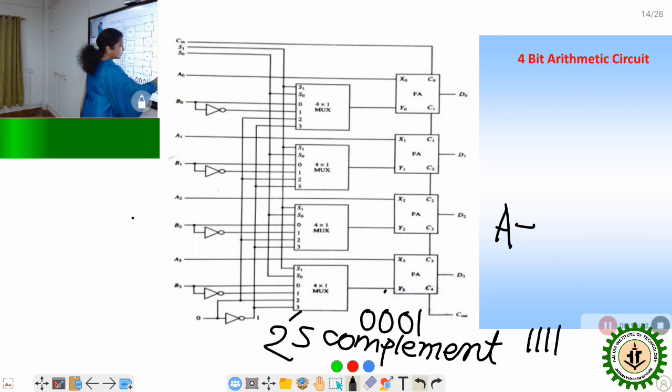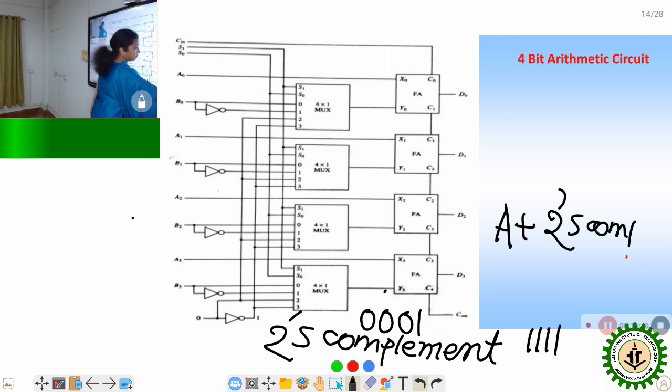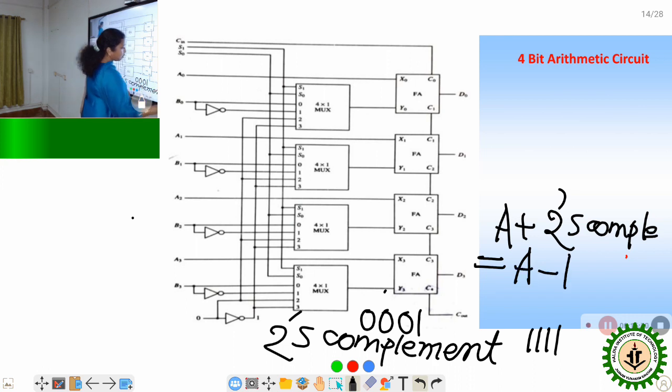Now A plus the 2's complement of 1 is nothing but A minus 1 operation, which will be possible here. A minus 1.